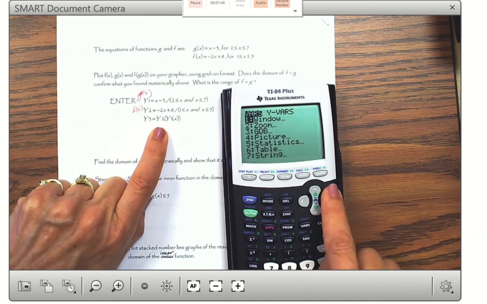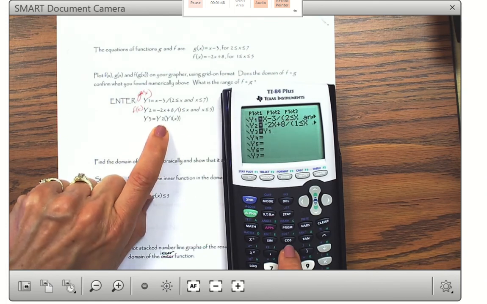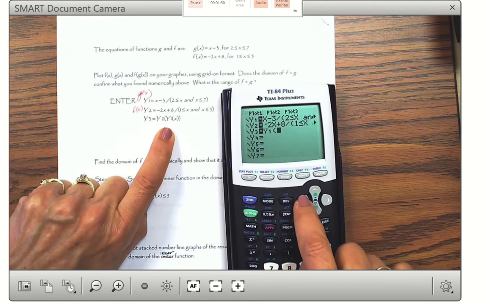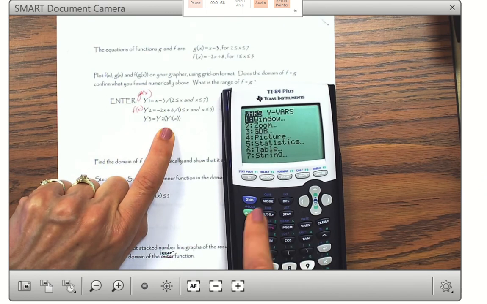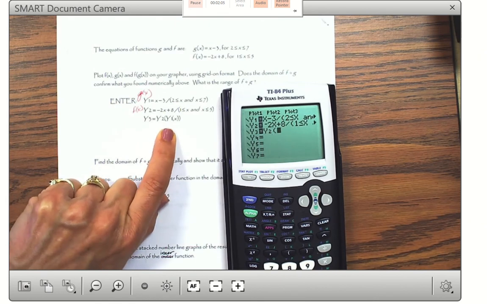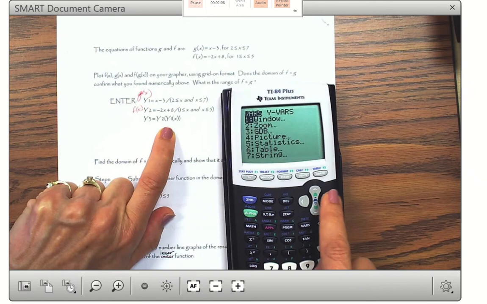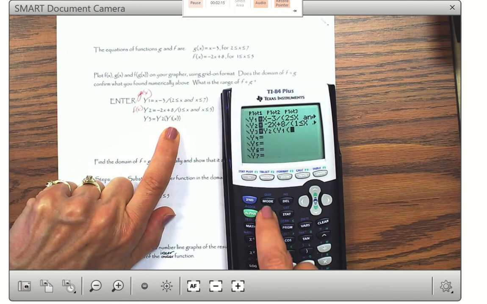So variables, y variables, function, y2, open parentheses, I want to put y1 inside of that, so again variables, y variables, function, y1, and that is a function of x.